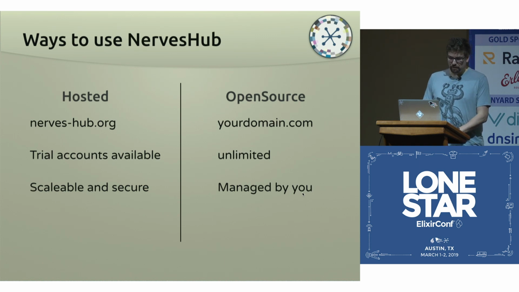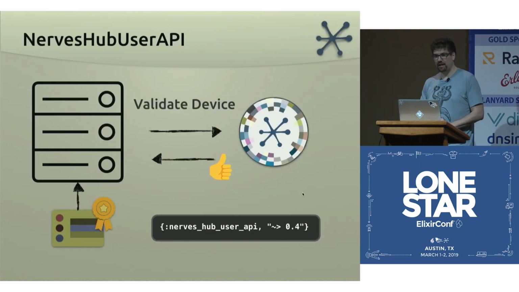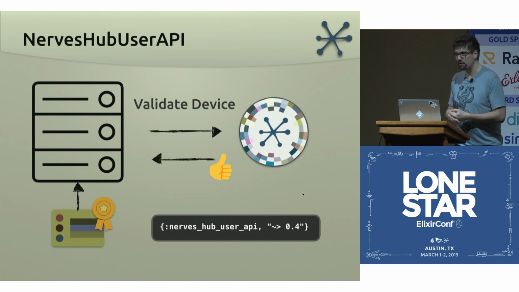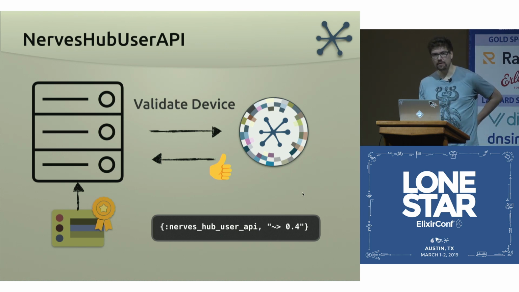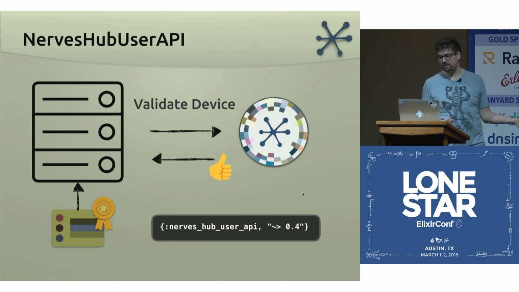And with NervesHub, we've also done some work recently to split out the portion of it that communicates with our API. Back when this launched, it used to be called NervesHub Core. We've migrated this to a new namespace that made more sense, called the NervesHubUser API. The reason I'm showing this slide is because this is a common piece that we've started to find with some people, where you already have a backend server that your devices were connecting to and talking with.